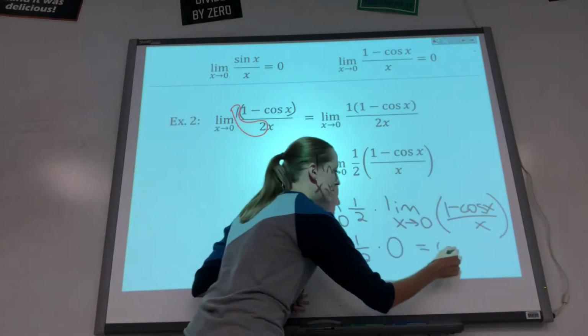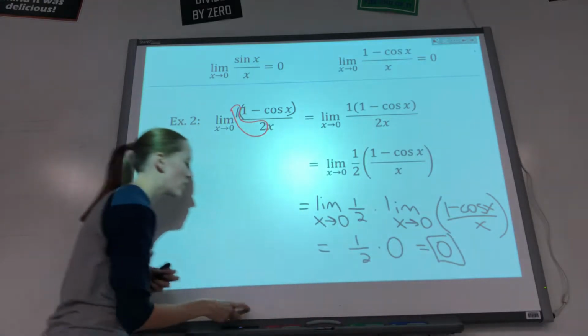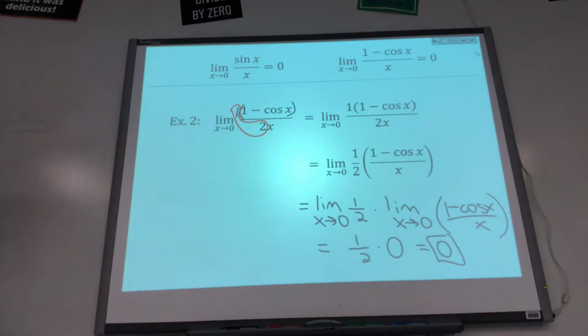So 1/2 times 0, it's just 0. I realize the first 2 have turned into 0. I can't say that they will always do that, but the first 2 have worked out the same way. You're trying to rewrite the function so that you can find one of those special trig limits in it.